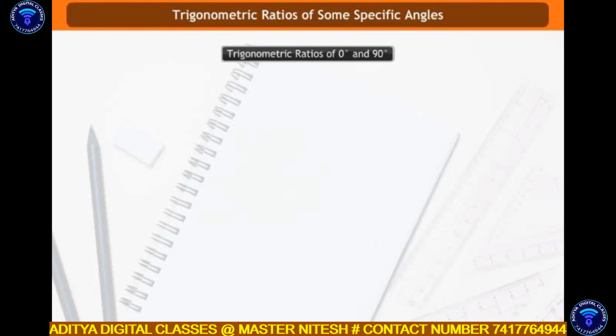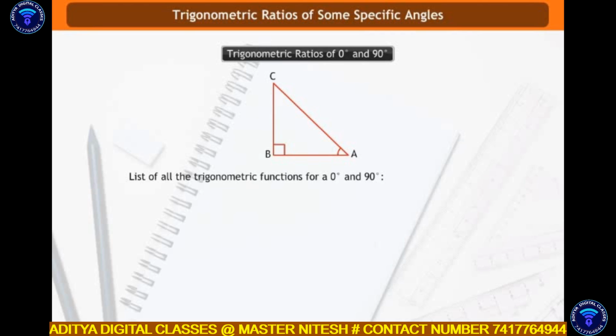Trigonometric ratios of 0 degree and 90 degree. Again, by using the definition of the trigonometric functions, we can now list all the trigonometric functions of a 0 degree angle and 90 degree angle.